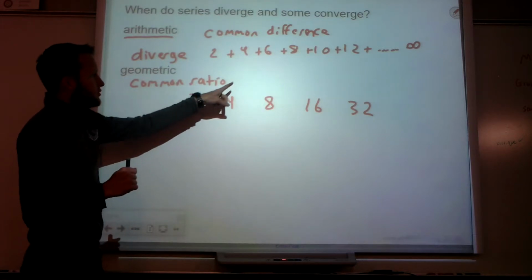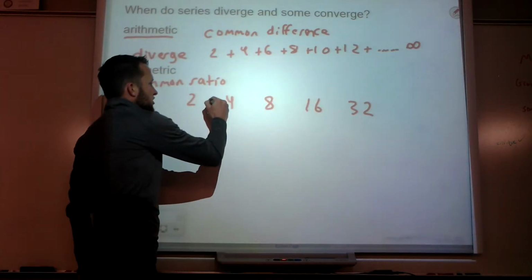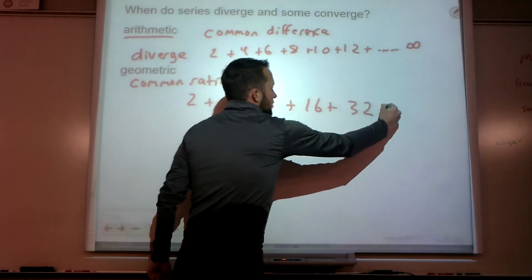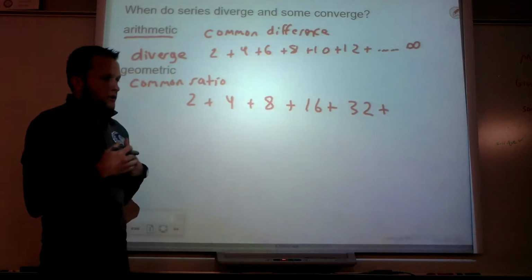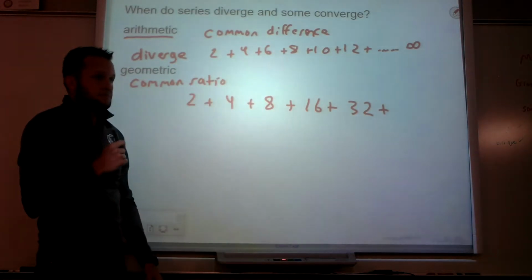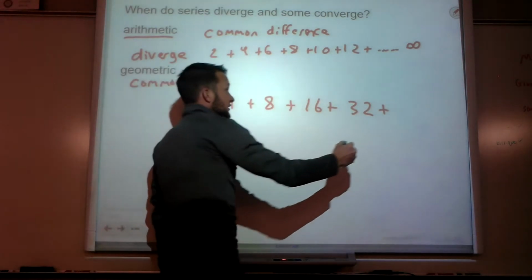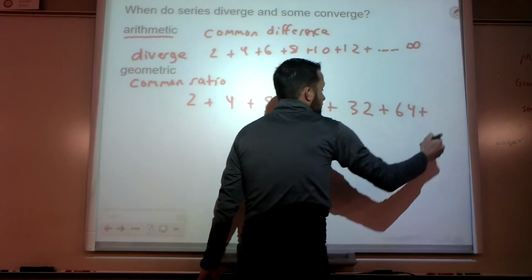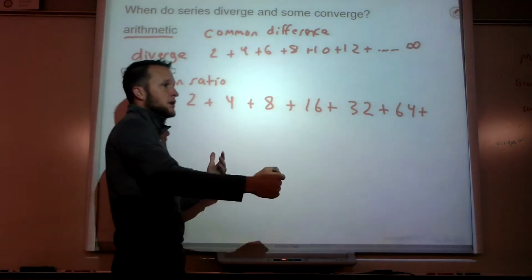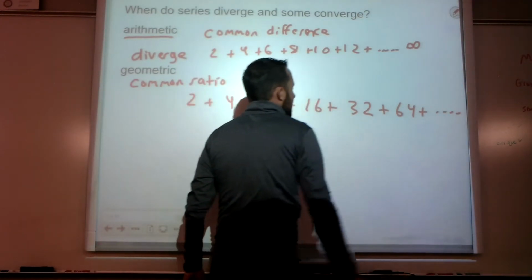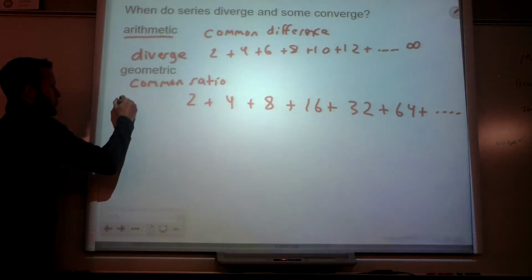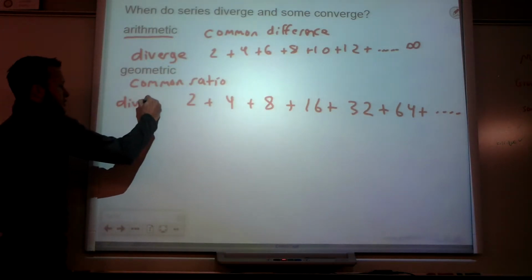When I times by 2, times by 2, will I be able to add this up as an infinite sum? Hopefully you're looking at it and saying, no way, because then you're going to have 64, and then 128, and it's just going to get bigger and bigger and bigger, and you won't be able to add that all together. So in this sense, this one would diverge.